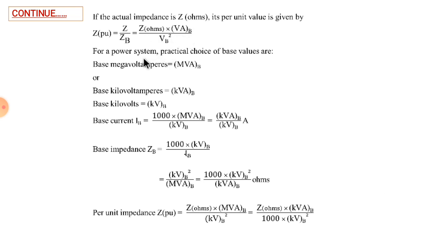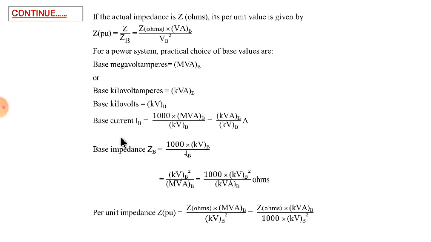So for a power system, practical choice of base values are base megavolt ampere MVAB, or base kilovolt ampere KVAB, and base kilovolts KVB. B indicates the base.